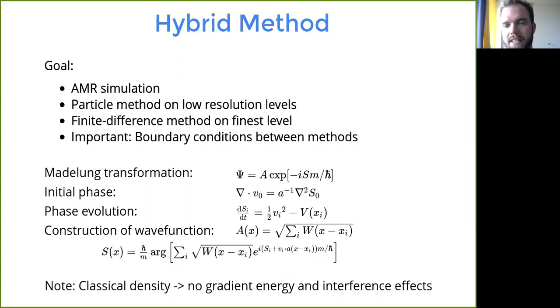So basically that means that we have to go far enough, to high enough redshifts, so that gradient energy is still subdominant because there's not so much velocity dispersion yet, so that we don't see strong interference effects anyways.